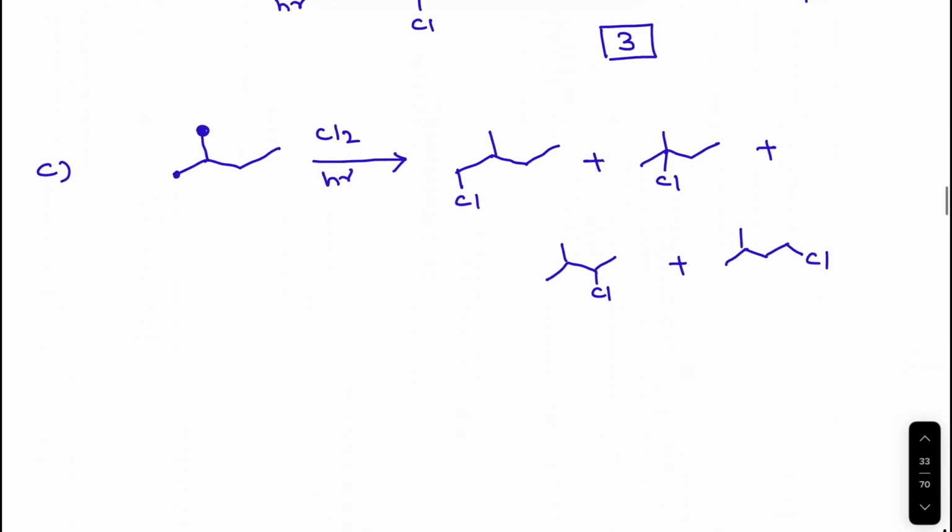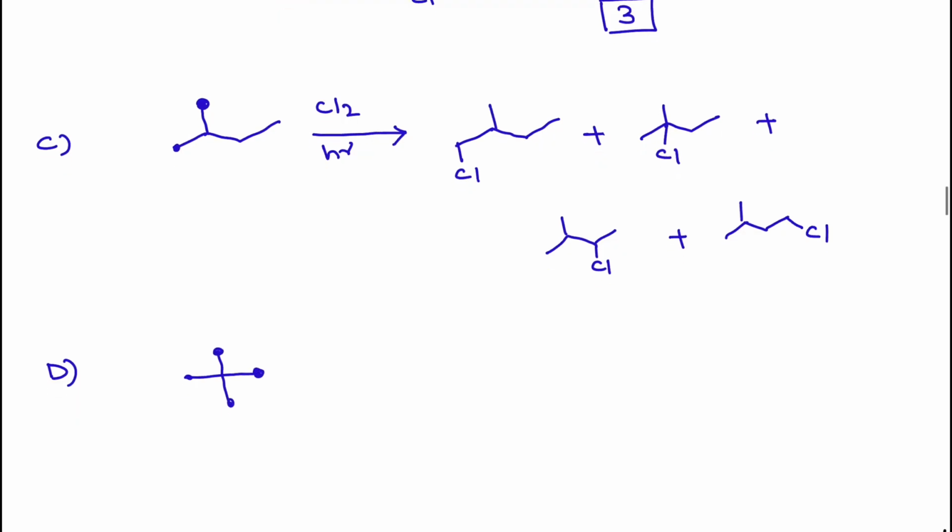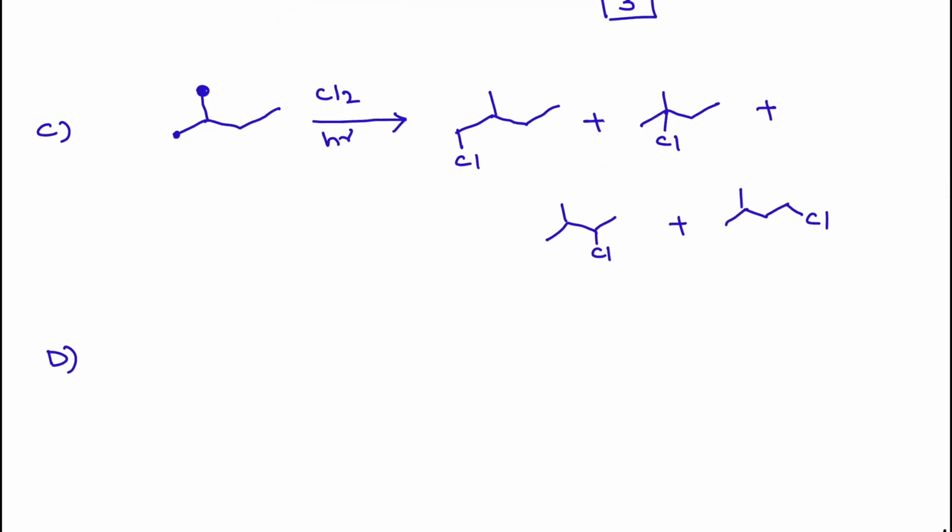And the last one, that is neopentane. This is the structure of neopentane. So all these methyl groups are identical. For your convenience, let me write the elaborated structure. So this is neopentane. The IUPAC name is 2,2 dimethyl propane.